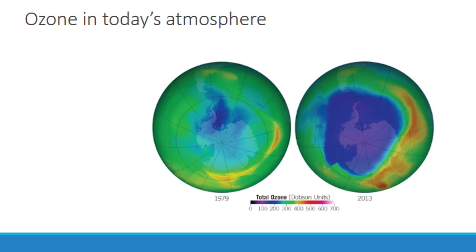Moreover, it's not uniformly distributed across the globe. In the lowest portion of the atmosphere, ozone represents less than 1 part in 100 million. It's concentrated in a layer called the stratosphere, between 10 and 50 kilometers above the Earth's surface.